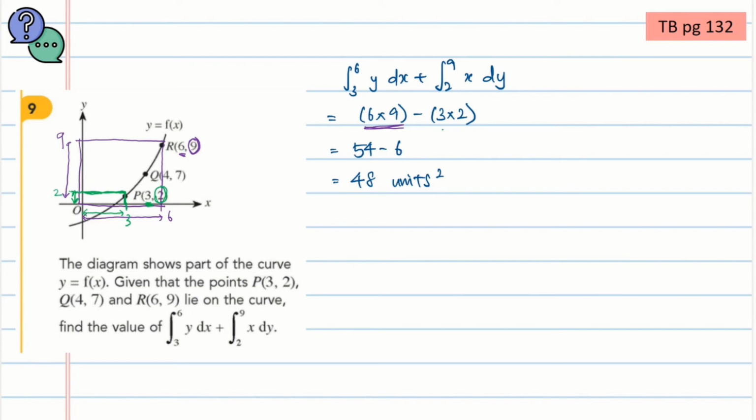So that's why I have a 3 times 2 over here. So the area of the big rectangle minus the area of the small rectangle, and I will be getting 48 units squared. Right, this is another strategy behind finding out the definite integral value without even knowing the equation of the function.